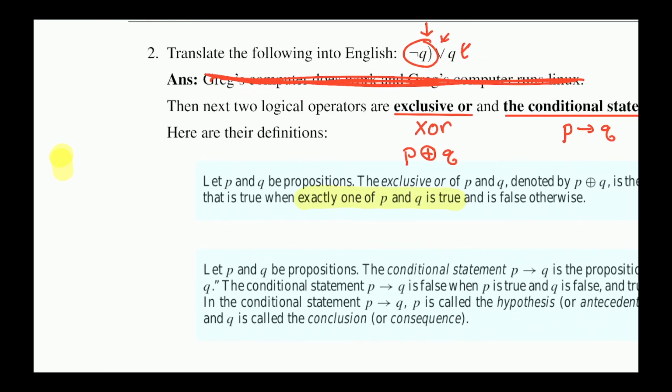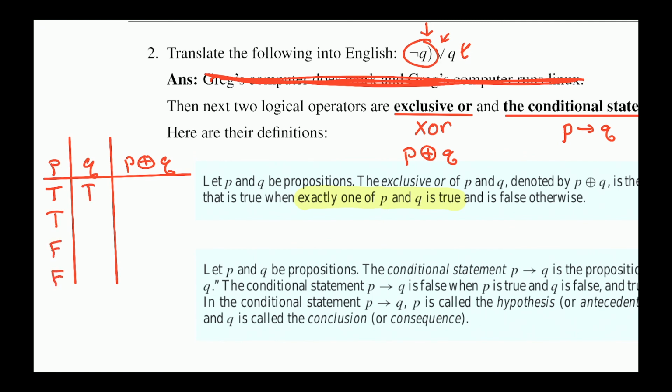Because if I write the truth table, P, Q, P exclusive OR Q, that's crooked, I don't care though. If you write the table for P exclusive OR Q, again true, true, false, false, true, false, true, false, and you fill this out according to the definition here, it says it's only true when one of them is true.